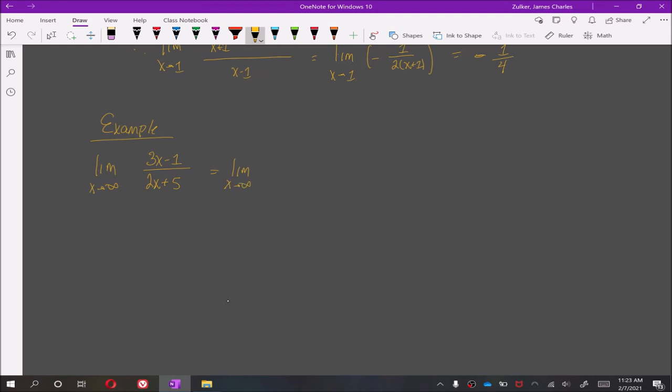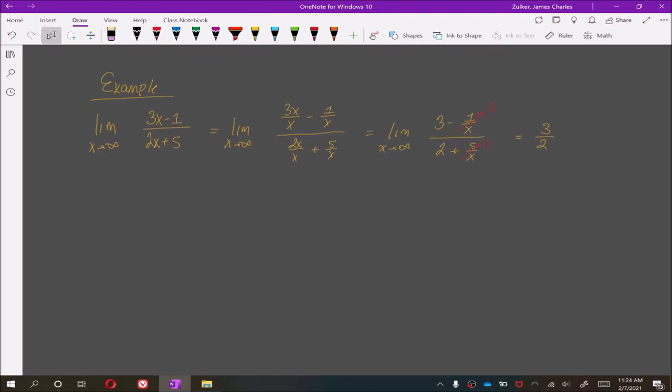So we will divide everything by x. What we're left with is 3 minus 1 over x all over 2 plus 5 over x. Now these two terms will go to 0 as x goes to infinity, and so what we're left with is 3/2. And the same analysis is done if x is going to minus infinity.